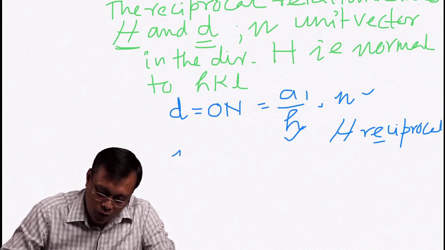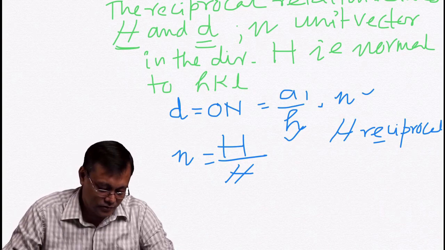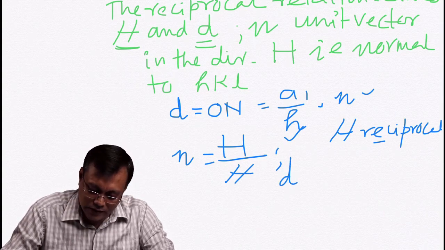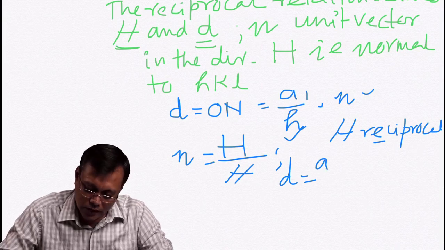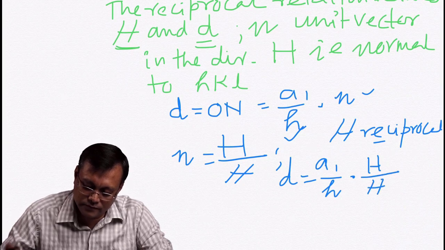Now small n is equal to capital H by italics H. Or otherwise we can write that D is equal to A1 by H multiplied by capital H by italics H.